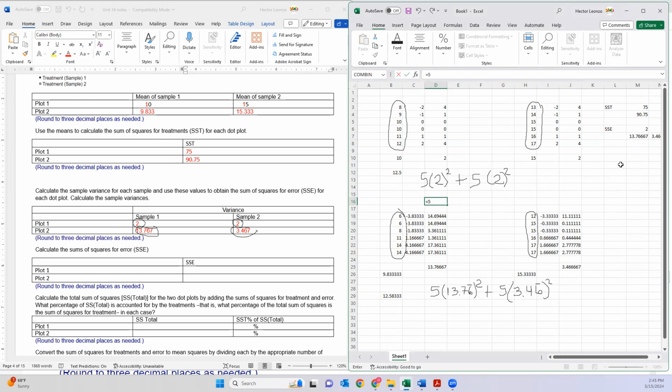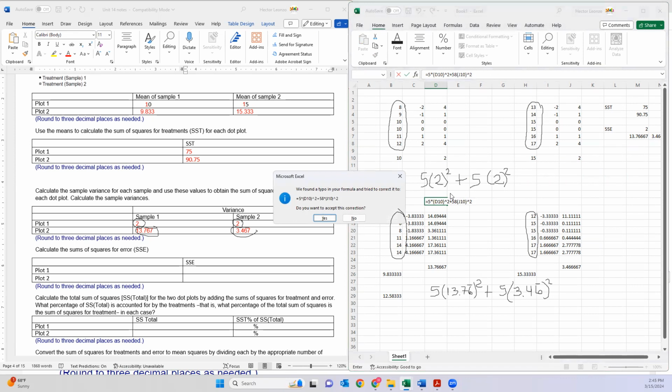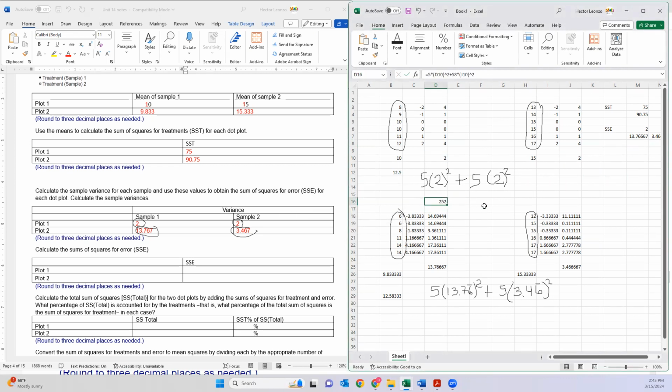Equals 5 times open parentheses, and I click this to the second power plus 5 times open parentheses, and I click this to the second power.